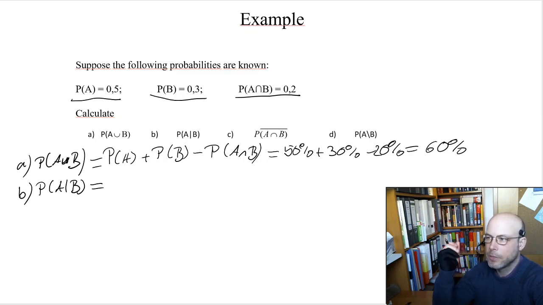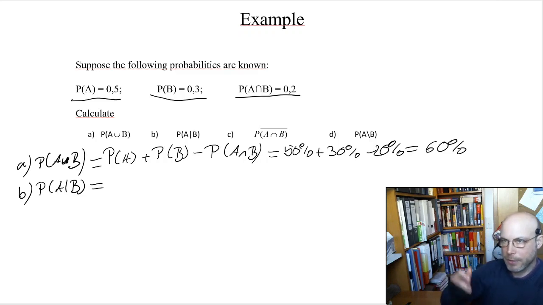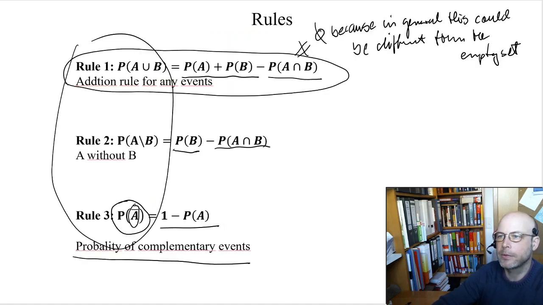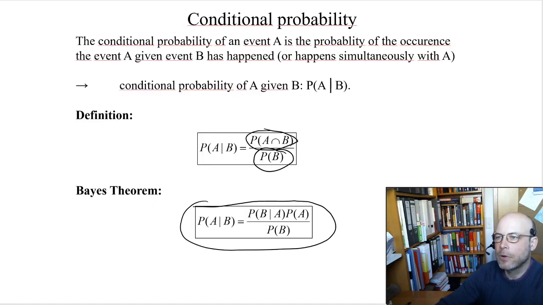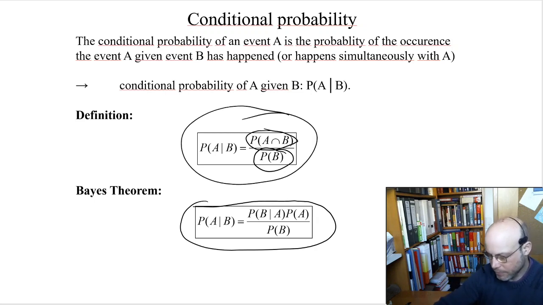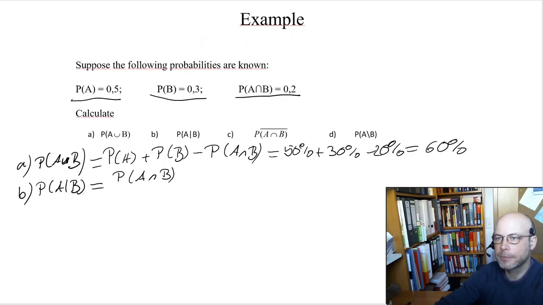This is just using the formula. Yes, I think these are right, so I will write it down. This is then P of A and B over P of B, so it is just this formula.